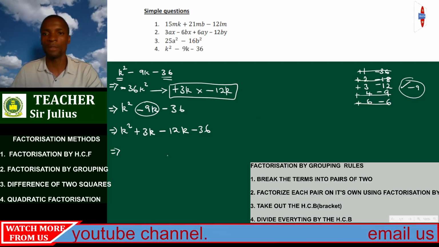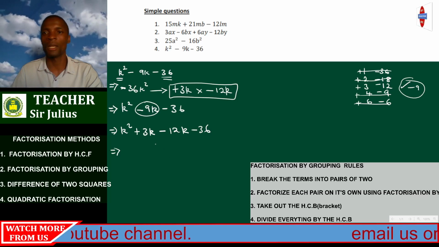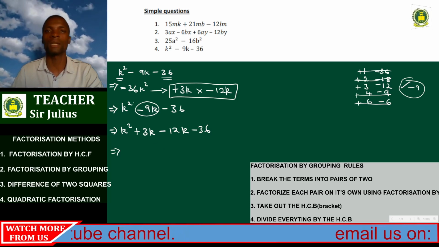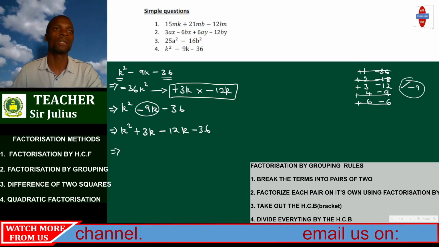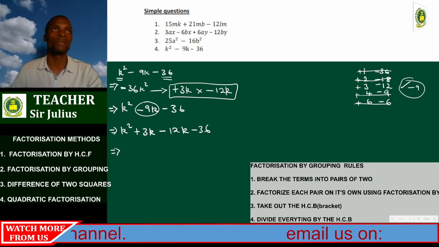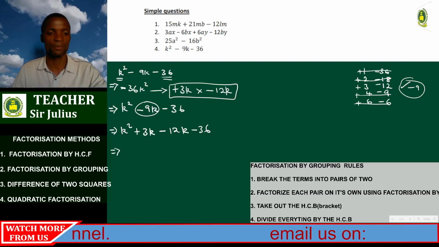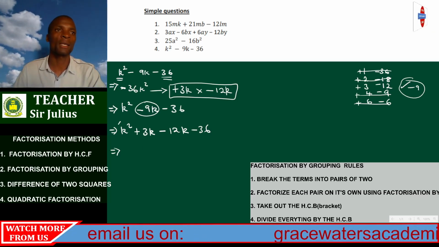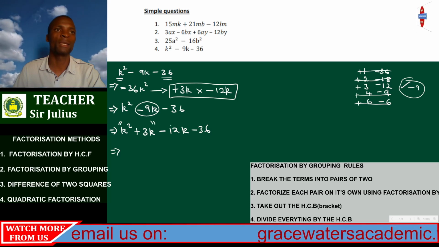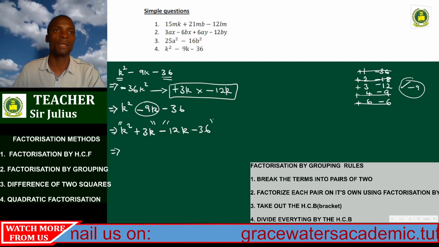Factorization by grouping is saying: break into pairs. Let us do this quickly because it's revision. The first two parts are k squared and 3k.